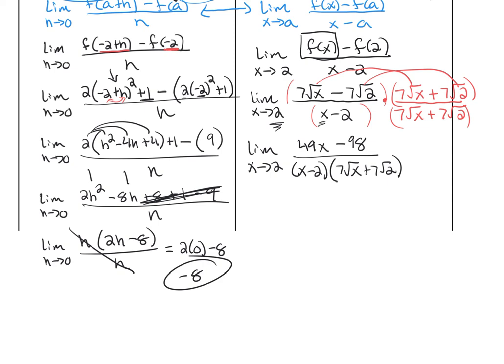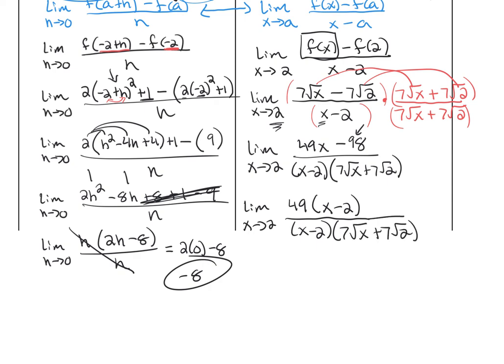Okay, I can simplify the numerator by factoring. So I've got limit as x approaches 2. I can factor out a 49, which leaves me with x minus 2 over x minus 2 times 7 square root x plus 7 square root 2. Woohoo! Those cancel.